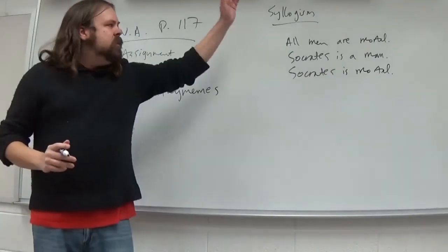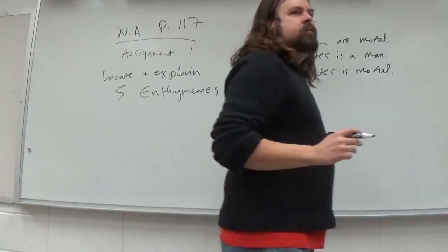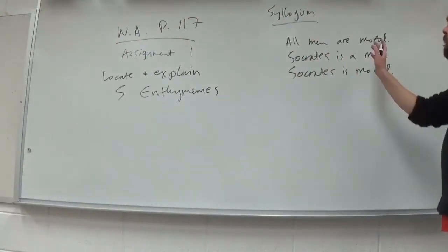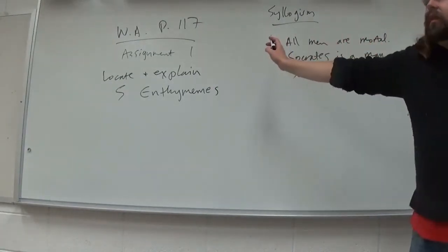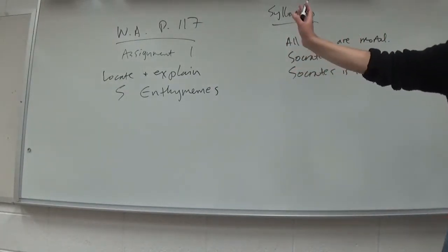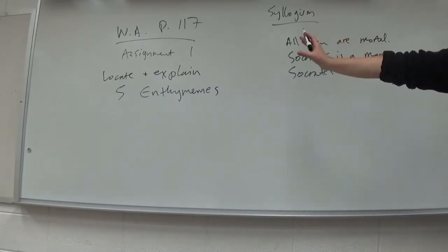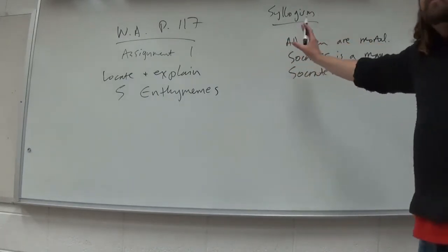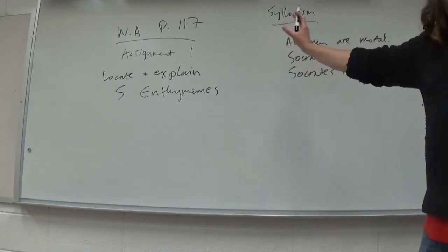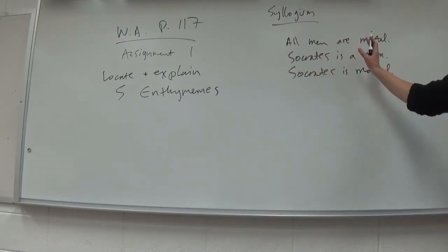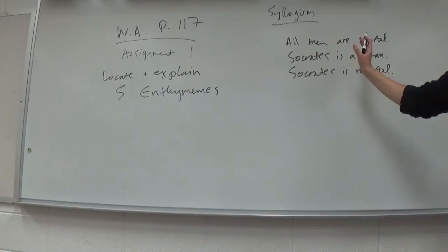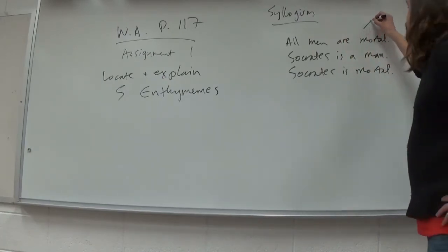So this works in three parts. The first sentence is always going to deal with some kind of broad category, in this case all men, and will explain some characteristic that every member of that category shares. All men are mortal. We call this the major premise.